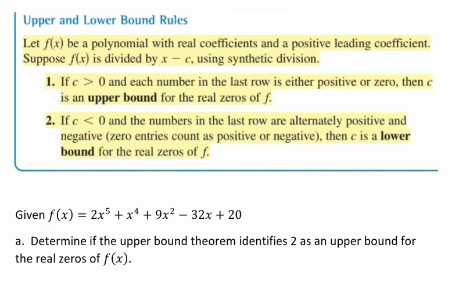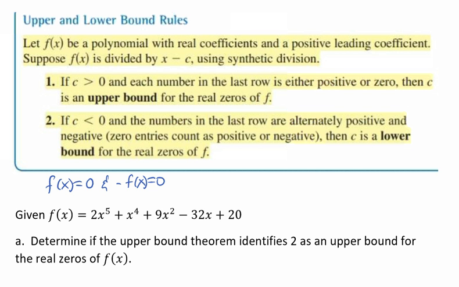However, f of x equals 0 and negative f of x equals 0 are equivalent equations. Therefore, if f of x has a negative leading coefficient, we can just factor out the negative 1 from f of x and apply the rule for upper and lower bounds accordingly.